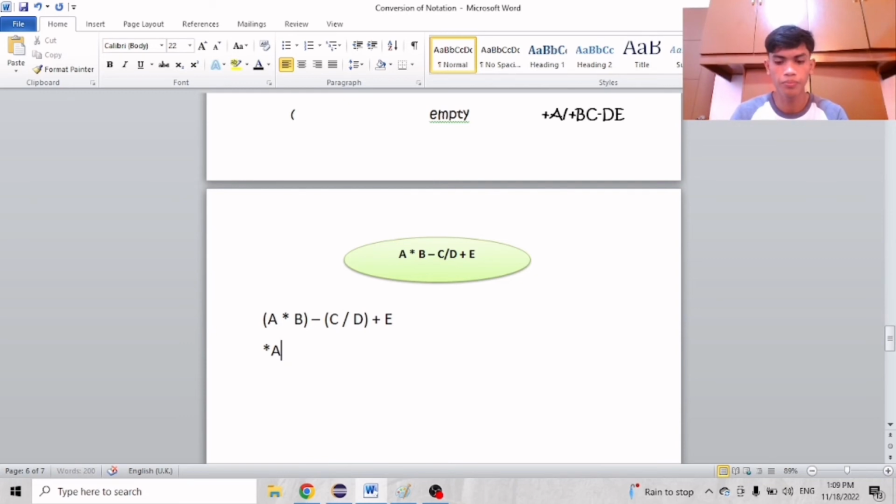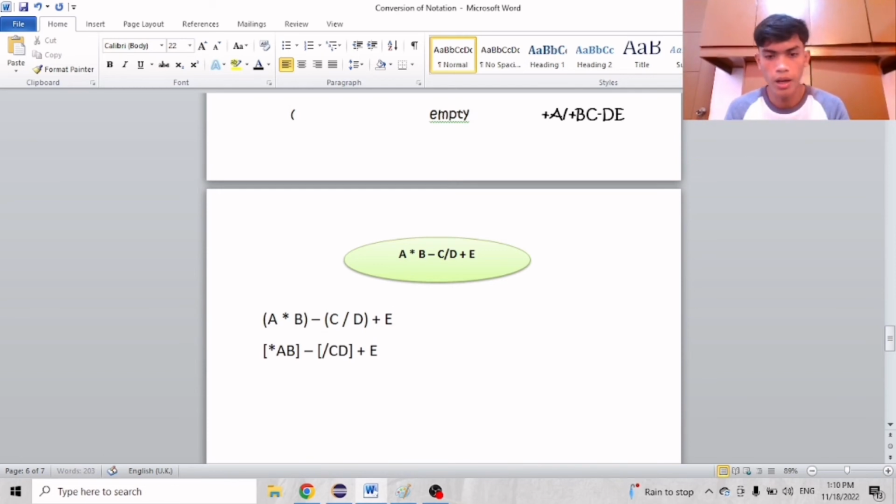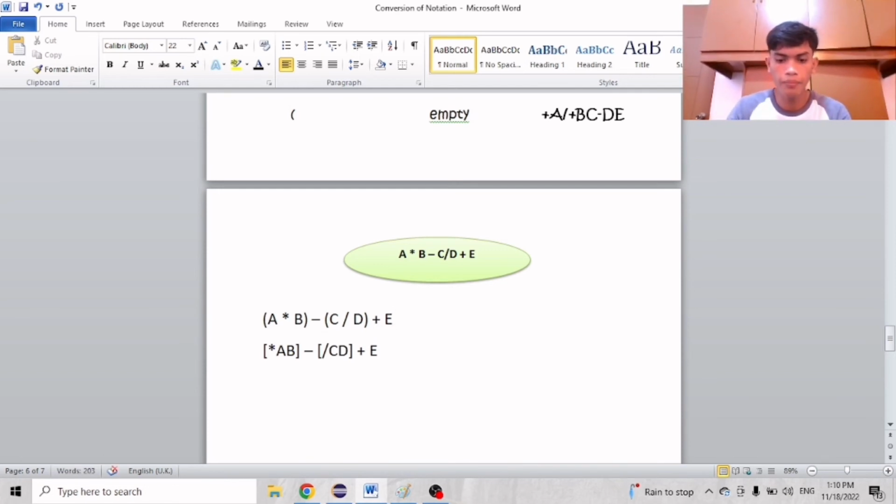EB. Then minus, then the rest is the same. So C, D, then plus E. This EB we will convert into X1.